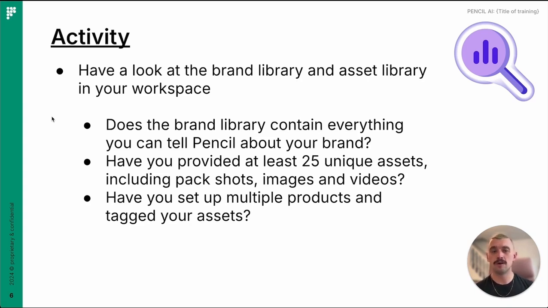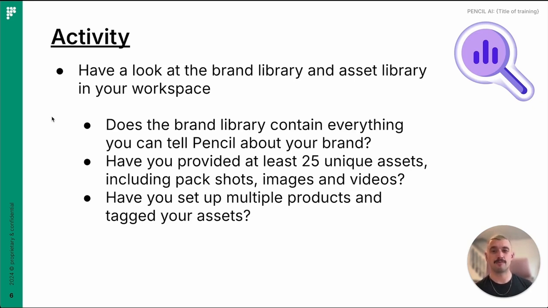Depending on your role, if you're an administrator, you may have access to make changes here as required. But even if you do not have edit access within all of this, it is still worth you knowing that brand library and that asset library really well so that you can understand where your generations are coming from.